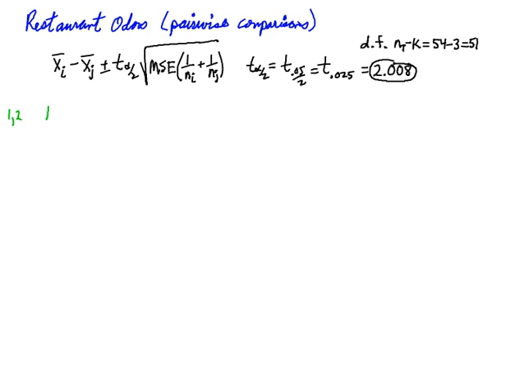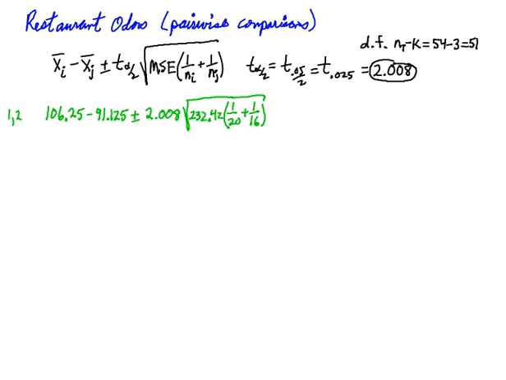And the average for lavender was 106.25, and the lemon was 91.125, plus or minus 2.008 times the square root. MSE we calculated earlier as 232.42, and the sample sizes then 20 for the lavender and 16 for the lemon.